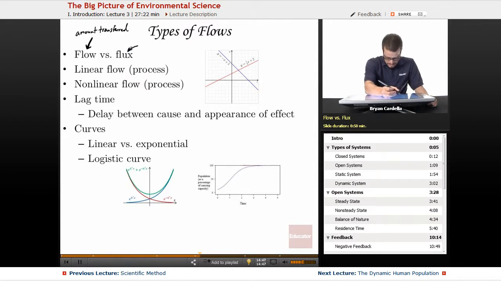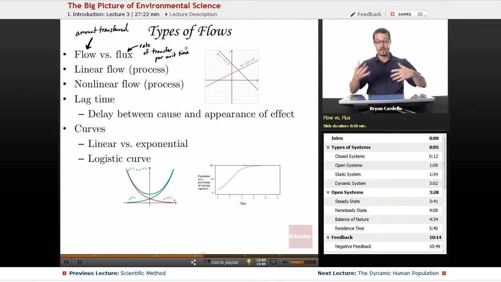Flux is the rate of transfer per unit time. Sometimes a flow can be in flux because as time goes on, it is changing in terms of how much it's increasing or decreasing.